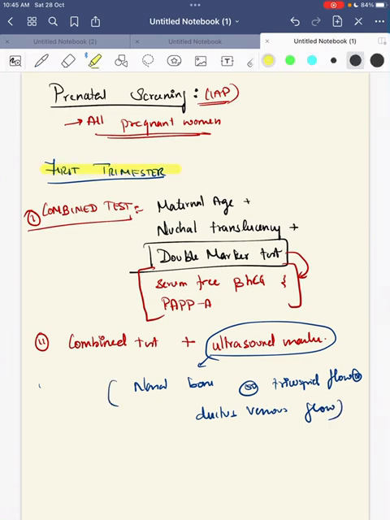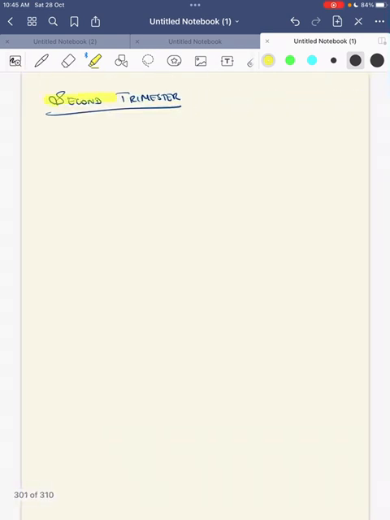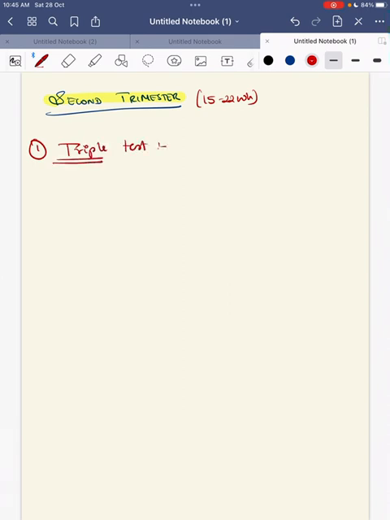Okay, this comes under the first trimester screening. Next, in second trimester screening, that is done between 15 to 22 weeks. First one is triple marker test.